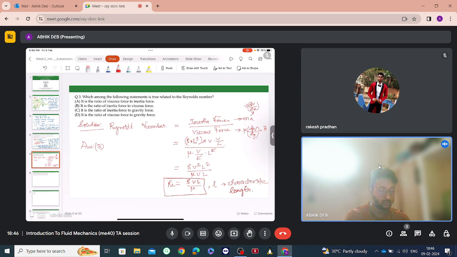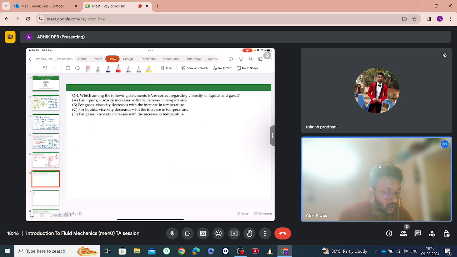So coming to the next problem, which among the following statements is or are correct regarding the viscosity of liquids and gases? We know that for liquids, the viscosity is due to the intermolecular force of attraction between the molecules, and for gases, it is due to the momentum exchange. So we will take the cases individually.